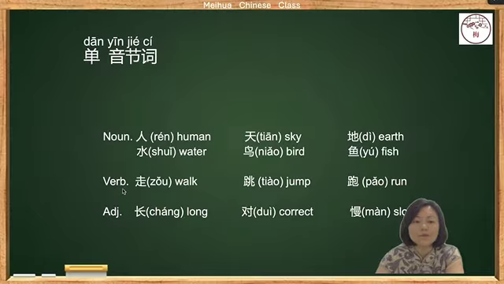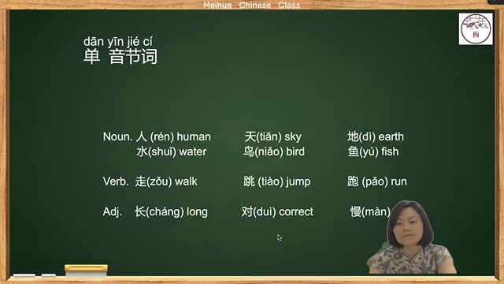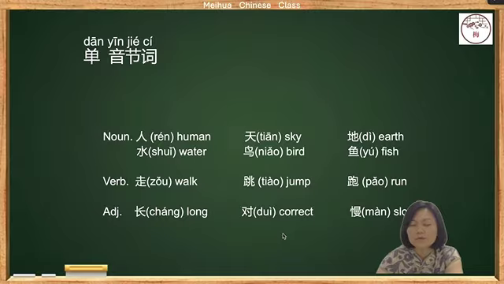How about the verbs? Let's look at some verbs. 走 means walk. 跳 means jump. 跑 means run. And adjectives. 长 means long. 对 means correct. 对错, correct, wrong. 慢 means slow. 快 means fast.